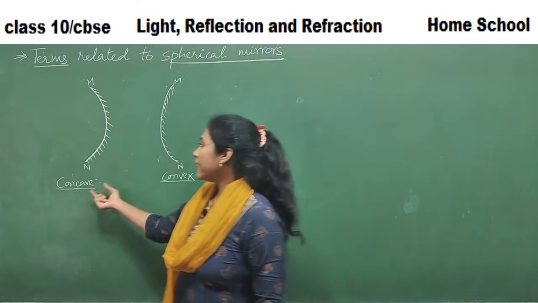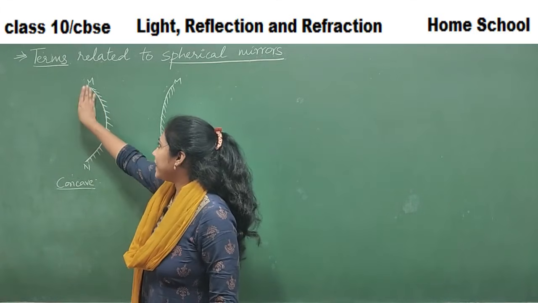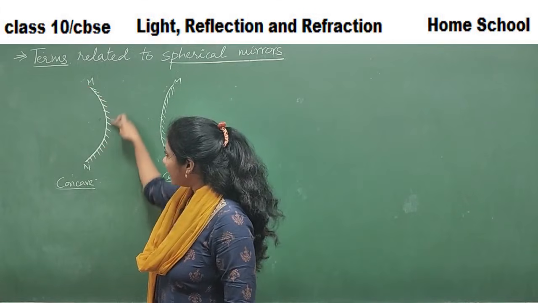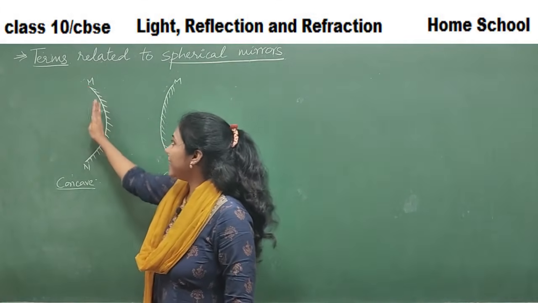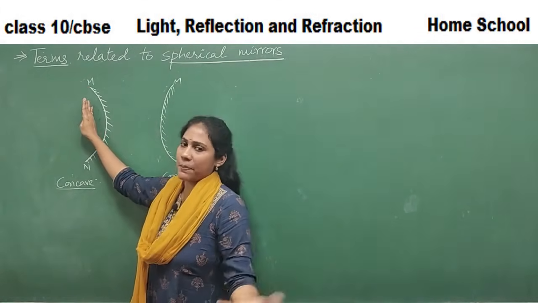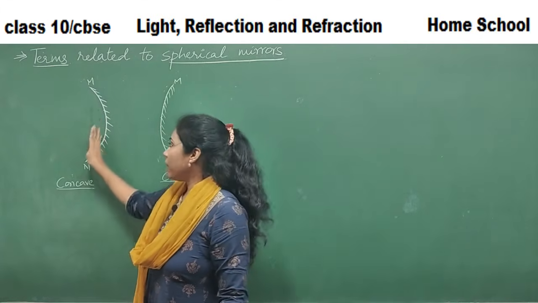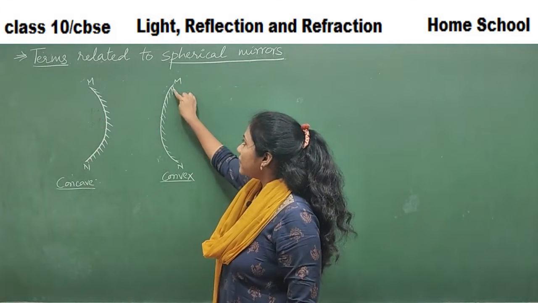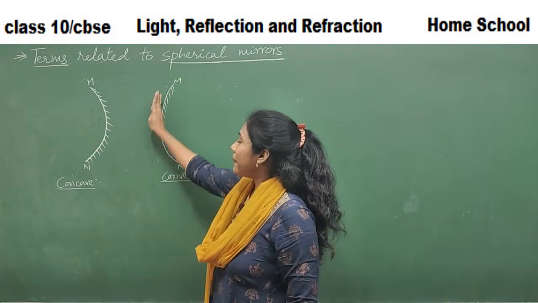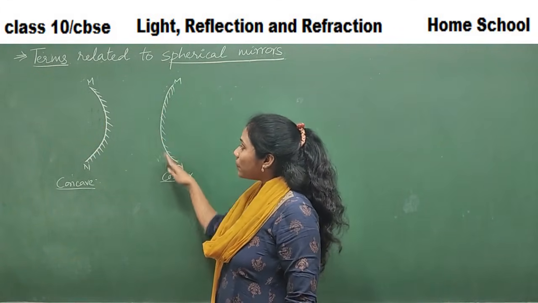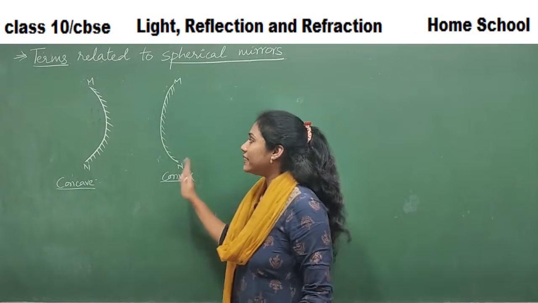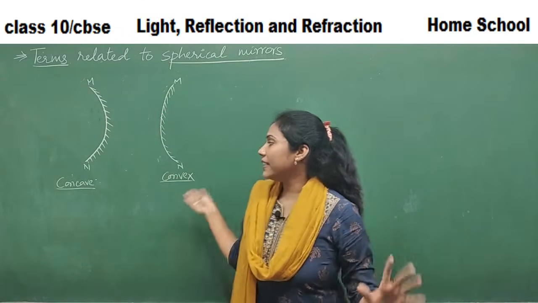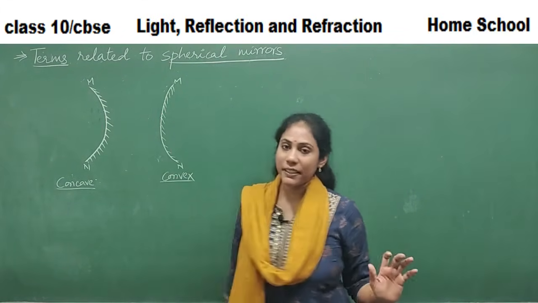In the concave mirror, the reflecting surface is facing inwards. These dashed lines indicate that the inner side is polished, meant for reflection. In the convex mirror, the inner part is polished and the outer part is free, which means the outer portion is the reflecting surface, facing outwards. So this is the normal representation of concave and convex mirrors.